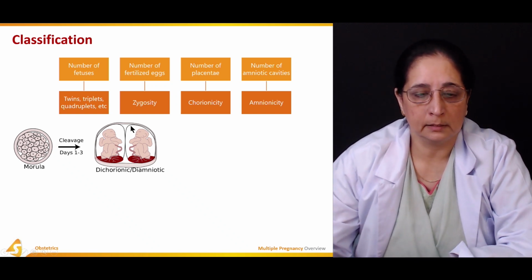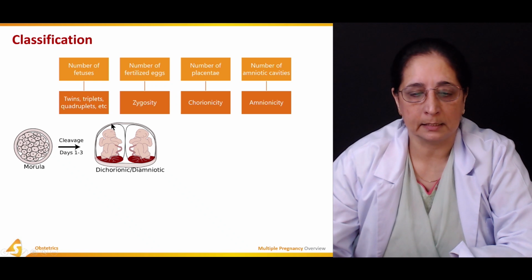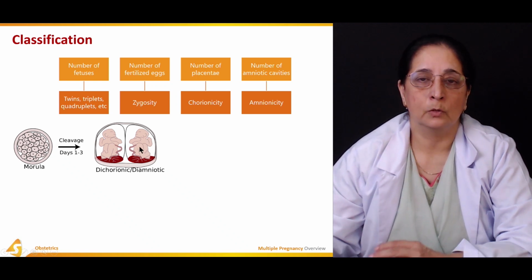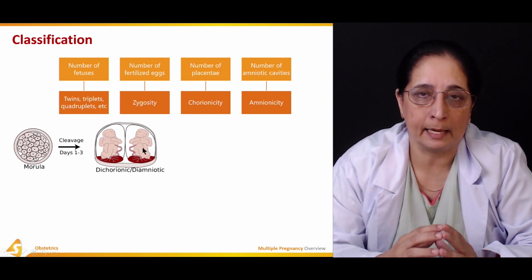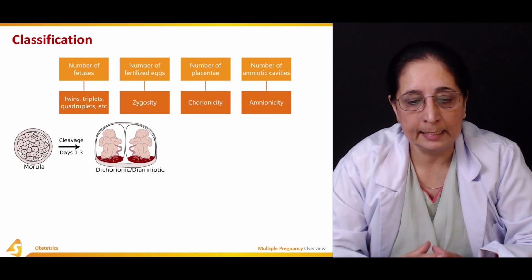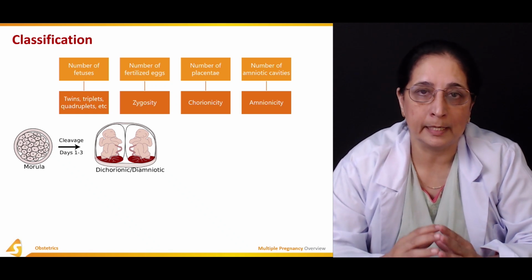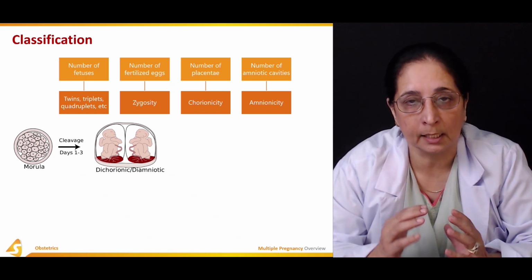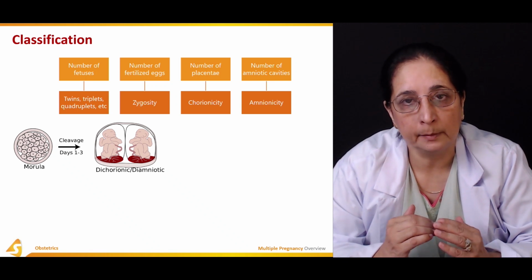So they have their own sacs, own placenta and own amnion. So cleavage at the level of morula, day 1 to 3, leads to dichorionic, diamniotic multiple pregnancy.